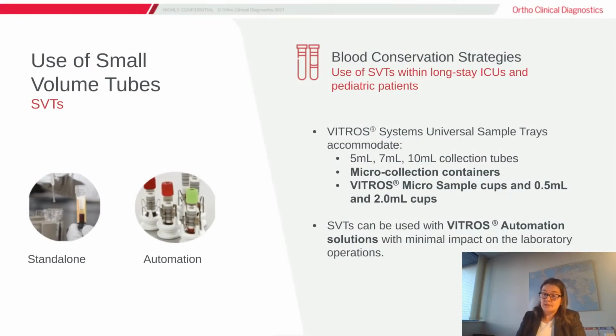Focusing now on Vitros platforms, Vitros systems have universal sample trays that can accommodate a variety of collection tubes, including micro collection containers, micro cups with volumes as small as 0.5 milliliters, or 2 milliliter cups, and even smaller containers. Small sample volume tubes are compatible with Vitros automation solutions with minimal impact on lab operations, as I mentioned.